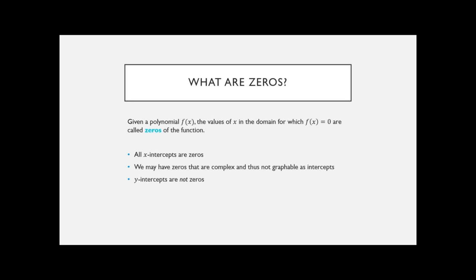And you may have zeros that are complex numbers, so you can't graph them, so they're not x-intercepts. So sometimes you have more zeros than x-intercepts. And a lot of people get confused. Y-intercepts are not zeros, though I've seen people think they are. They are not. It's only places where y is equal to 0 where you can solve for x.